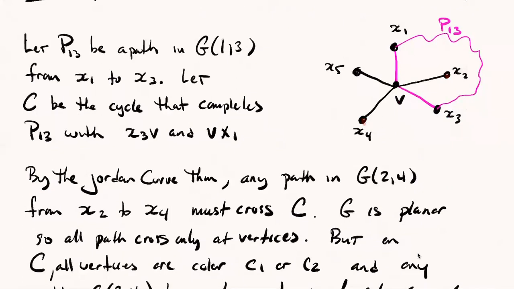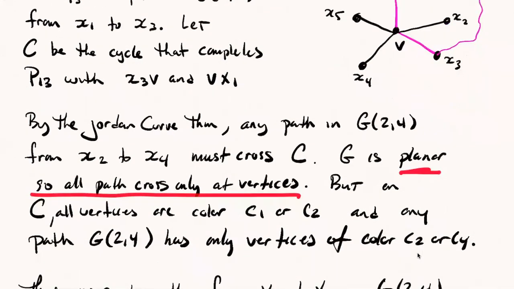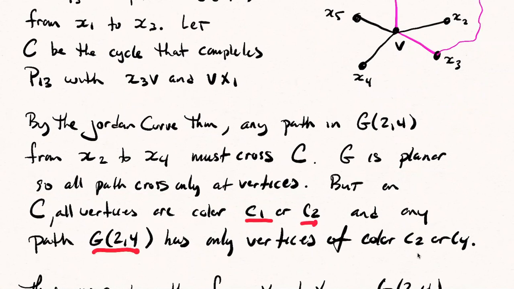In the above part of the proof, they didn't have to be, but any path in G24 from x2 to x4, by the Jordan curve theorem, has to cross our cycle C. But G is a planar graph, so paths cross only at vertices. But on C, all the vertices are color 1 or 3. And on any path in G24, all the vertices would be color 2 or color 4.